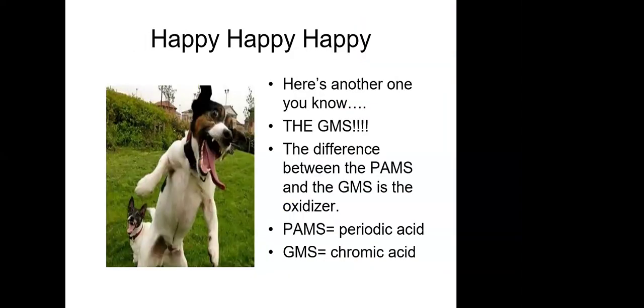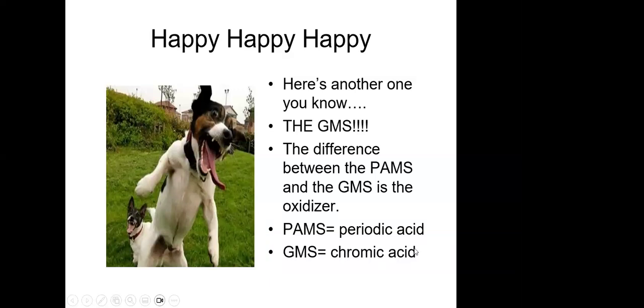Here's another one that you know. So it's the GMS. Now, the only difference between the PAMS that you have already learned and the GMS is that the PAMS uses periodic acid. The Grocott methenamine silver uses chromic acid.